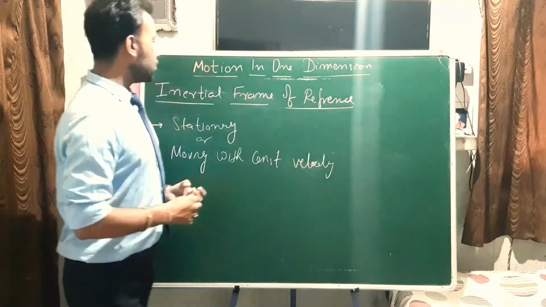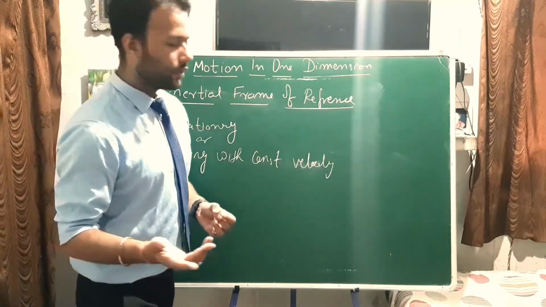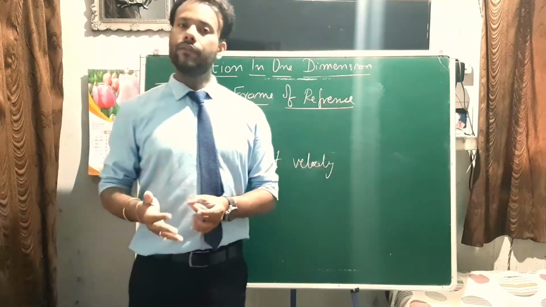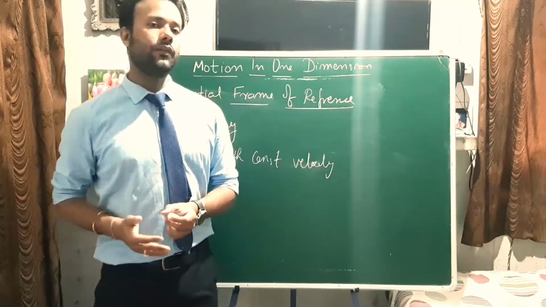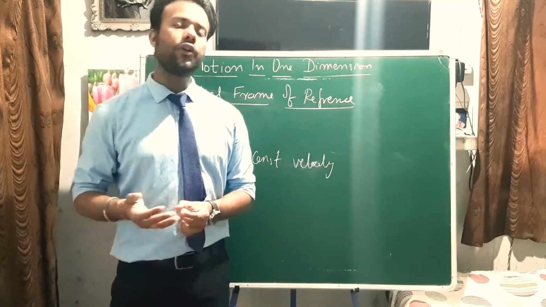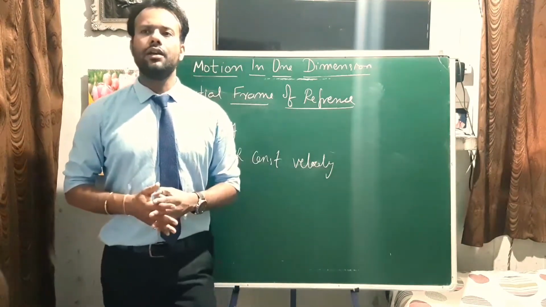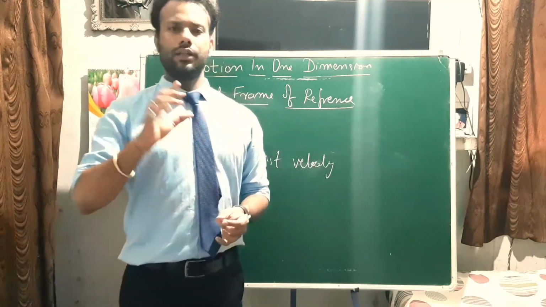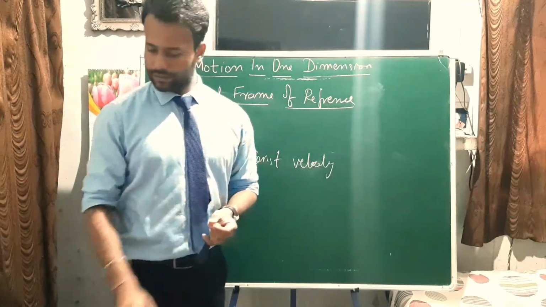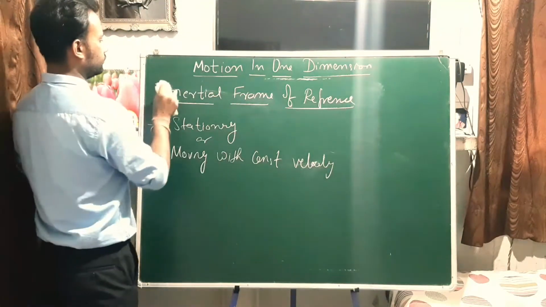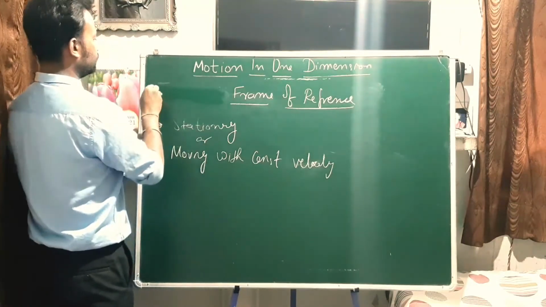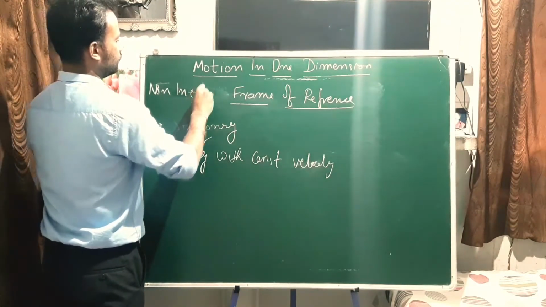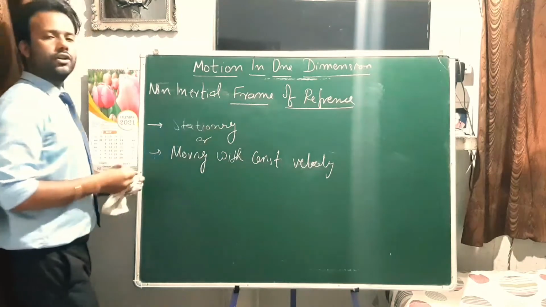Okay. Now let's talk about non-inertial frames of reference. So obviously, opposite to this, if the frame of reference is accelerating or retarding, that means it doesn't have a constant value of velocity, then it can be regarded as a non-inertial frame of reference.